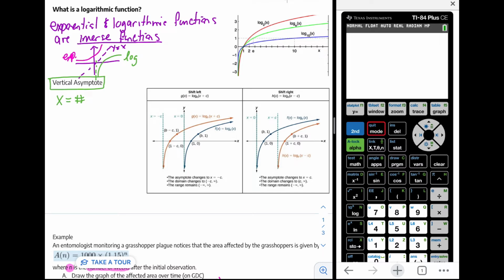In order to figure out what the vertical asymptote is, most of our logarithmic functions will have the format a times log, whatever base that is, of x minus a certain value, and then maybe we're adding another value. And in order to find the vertical asymptote, you can look at the c value.